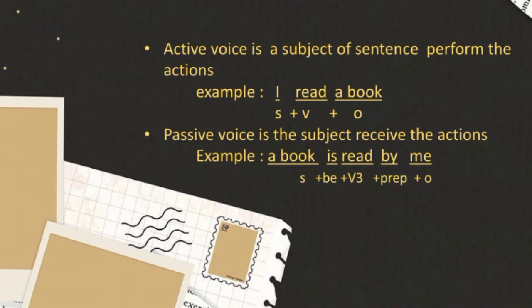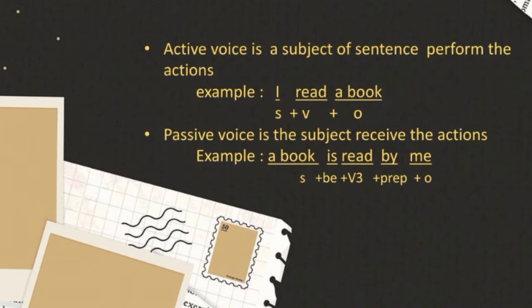After that, in passive voice, we have to use to be, like is, are, were, was. After you add to be, we use the past participle, as we call it, verb 3.